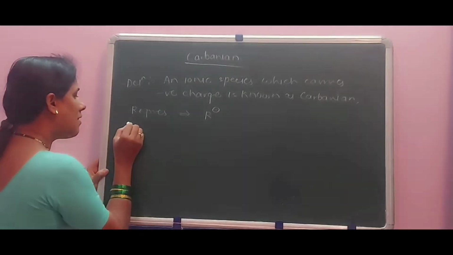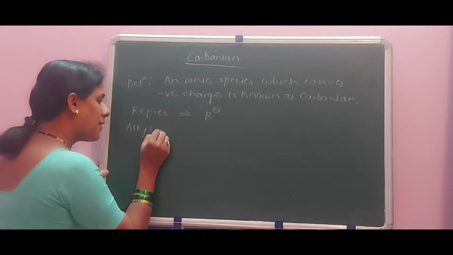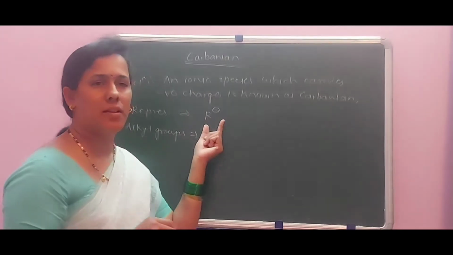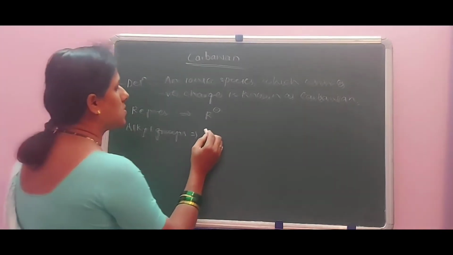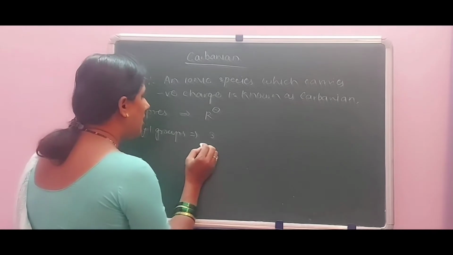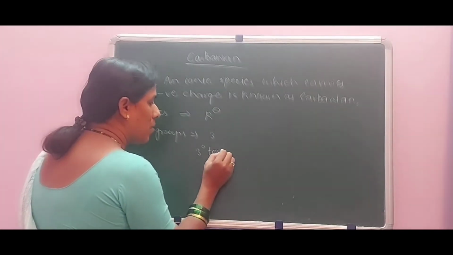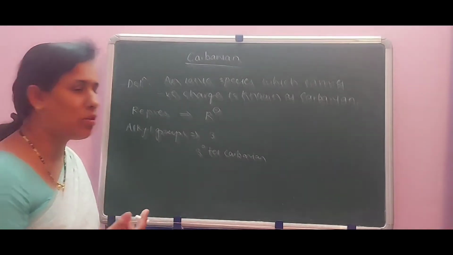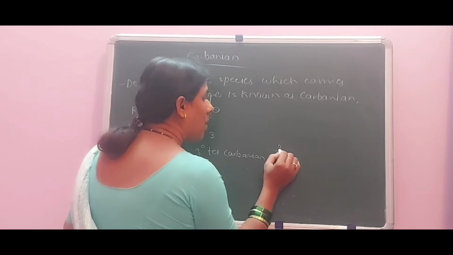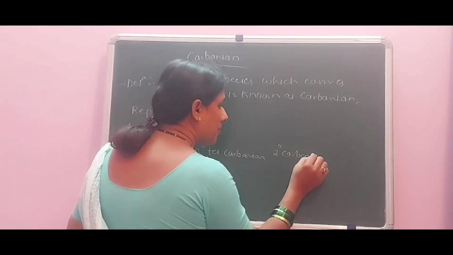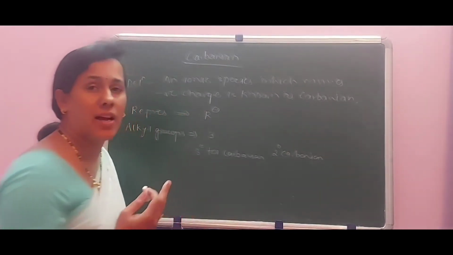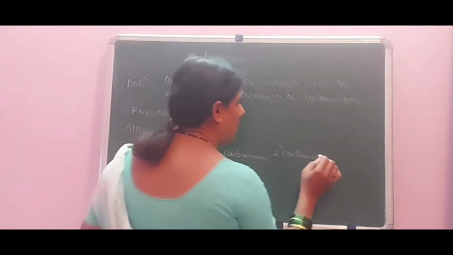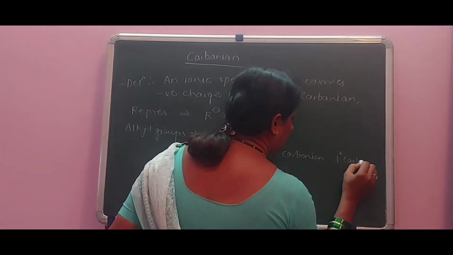As far as alkyl groups are considered, when the carbanion is attached to three alkyl groups, it is called a tertiary carbanion. When it is attached to two alkyl groups, it is called a secondary carbanion or 2-degree carbanion. And when it is attached to only one alkyl group, it is called a primary carbanion.